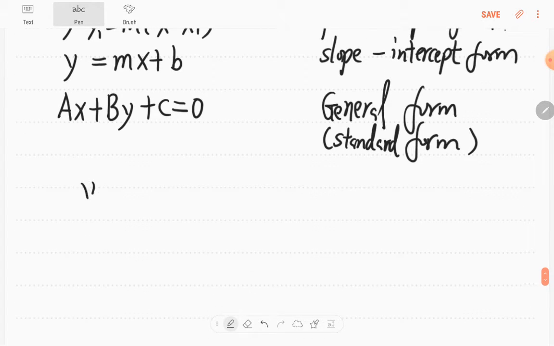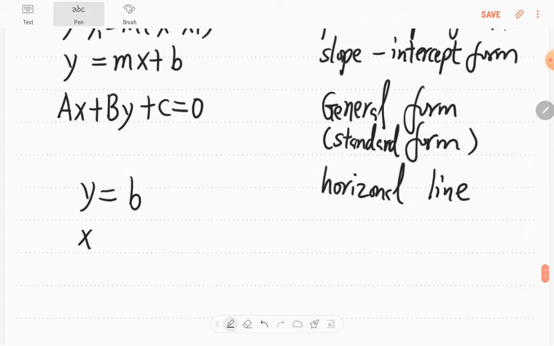We also have y equals a number: all the points have the same y coordinate, which represents a horizontal line. And x equals a number a: all the points have the same x coordinate, so it must be a vertical line.